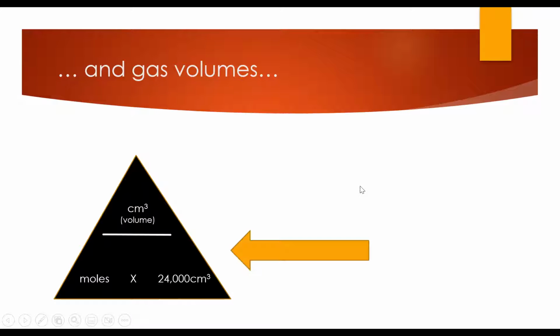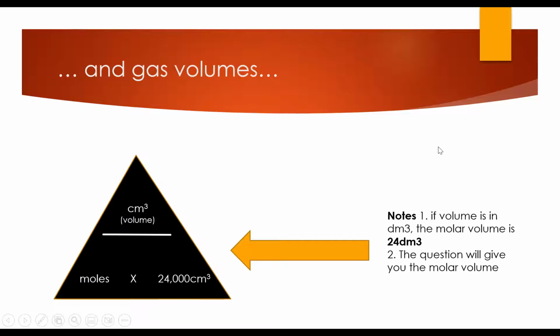It's important to know two things about this. Firstly, if the volume is in cubic decimeters or liters, same thing, at the top, then the number at the bottom will be divided by 1,000. It will be 24 cubic decimeters.